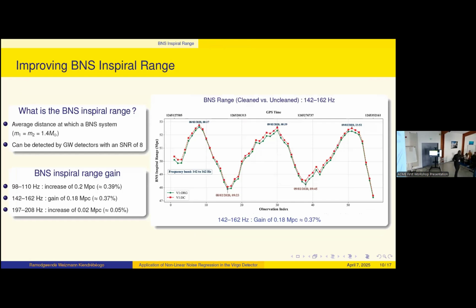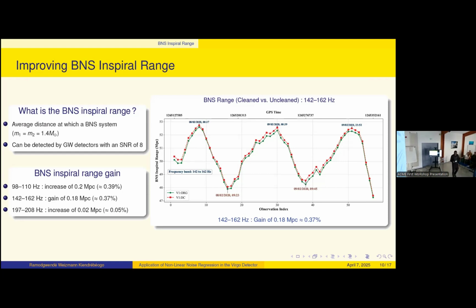Now, DeepClean was able to remove the noise, but how can this subtraction influence the detector sensitivity? For that, we try to calculate the BNS inspiral range on each segment. Each dot represents one segment, and the green one is always the original data set, and the red one is the data after DeepClean.